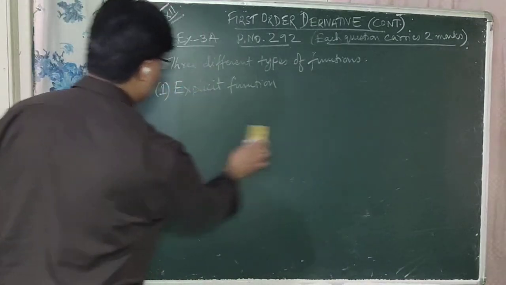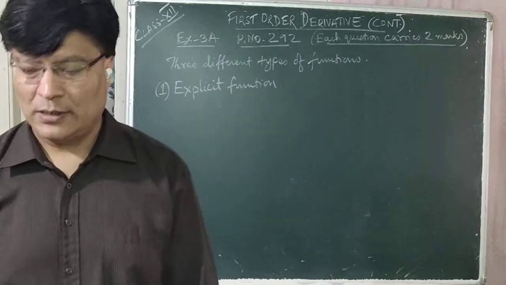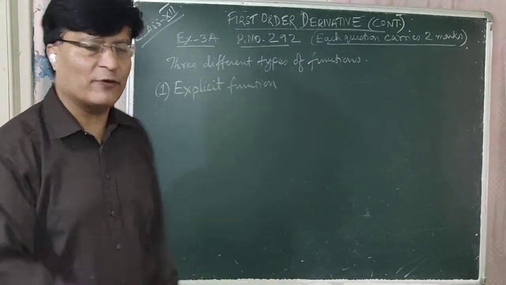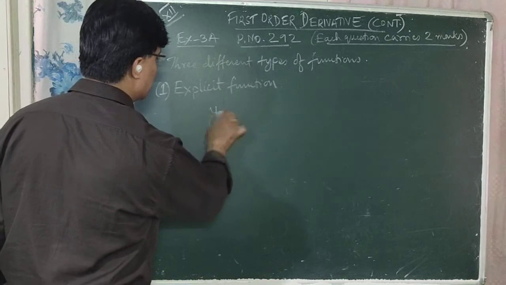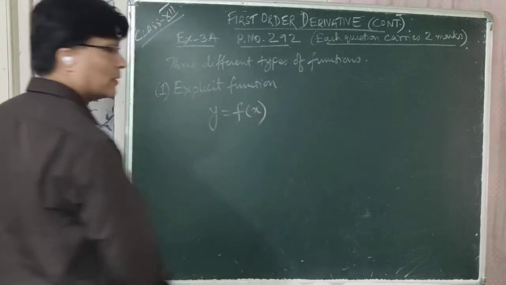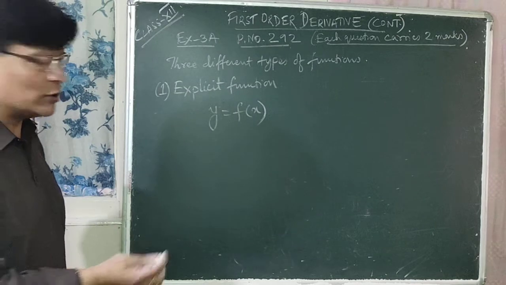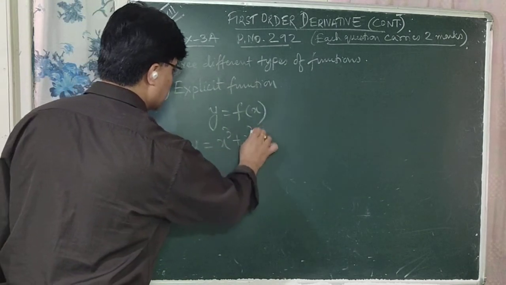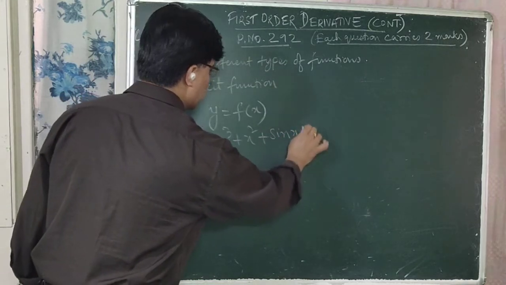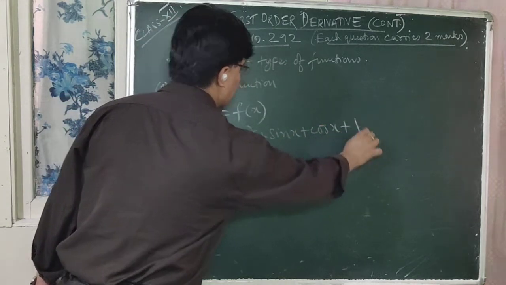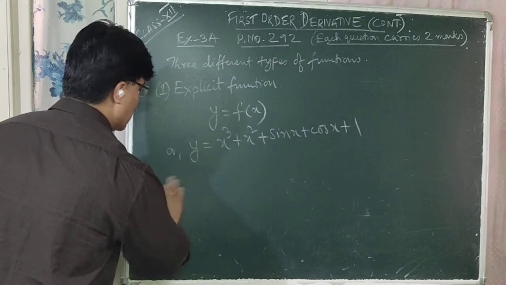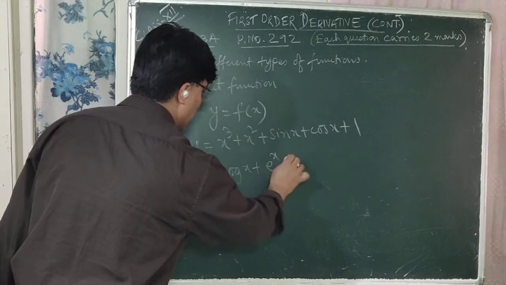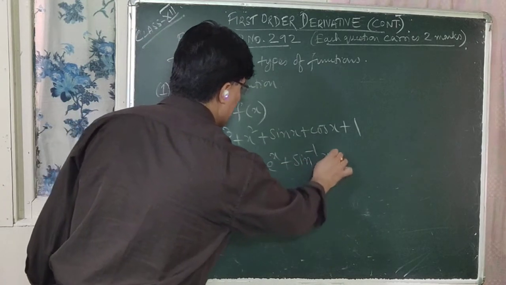So let us discuss explicit function. What type of function is known as explicit function? If we can express y as a function of x, that is, y is equal to f of x. You may write y is equal to x cubed plus x square plus sin x plus cos x plus 1, etc. Or y is equal to log x plus e to the power x plus sin inverse x, and so on.